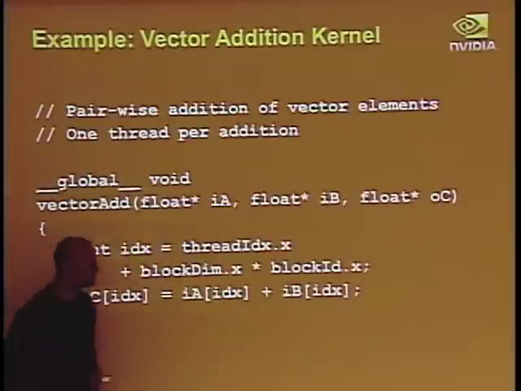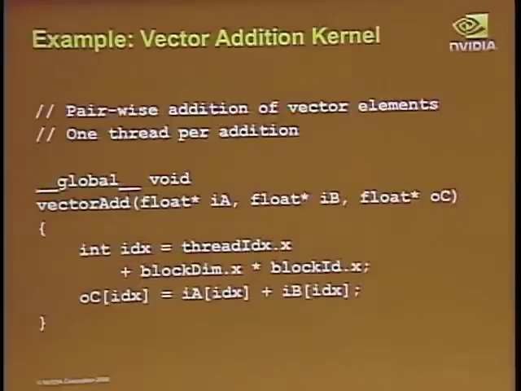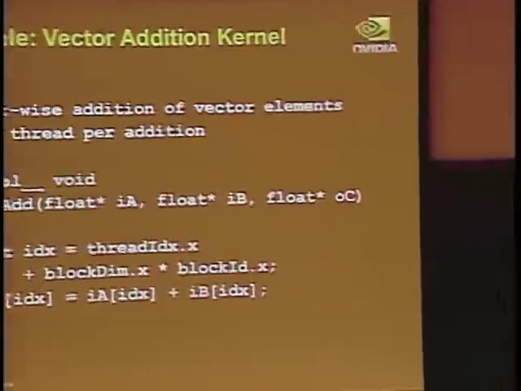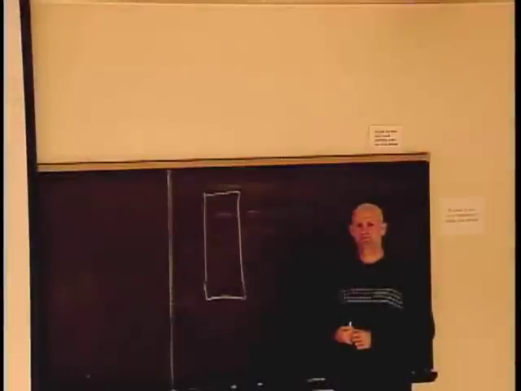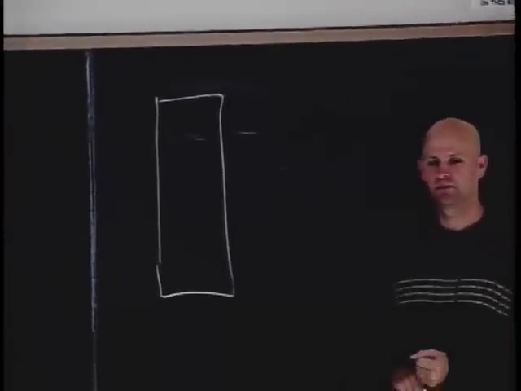Let me explain something else that's very important from a performance point of view. This is our set of registers per thread processor. We would like to have as many threads busy on this processor as possible, because if we have lots of threads resident on this processor, we can do a better job hiding latency. It is less likely that we're just going to be sitting around waiting for everybody to come back from memory.